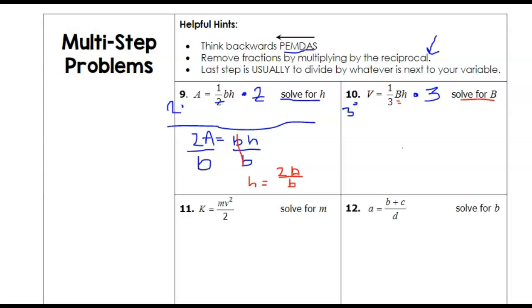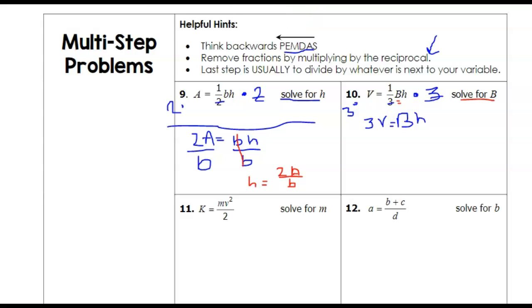Does that make sense, guys? Tell me face-to-facers. Is that making sense? Okay, we want to get rid of the fraction by multiplying by the denominator. All right, so when I do that, guys, to the right, the 3's cancel, and I'm just left with b h. To the left, I have a 3 times V.